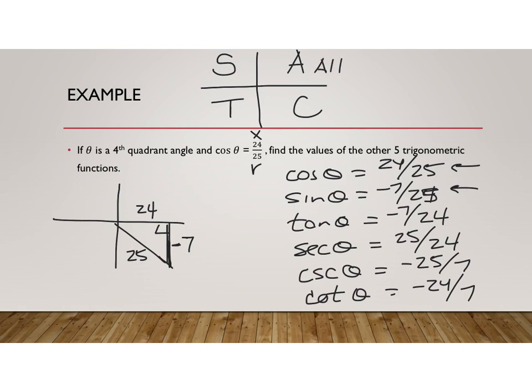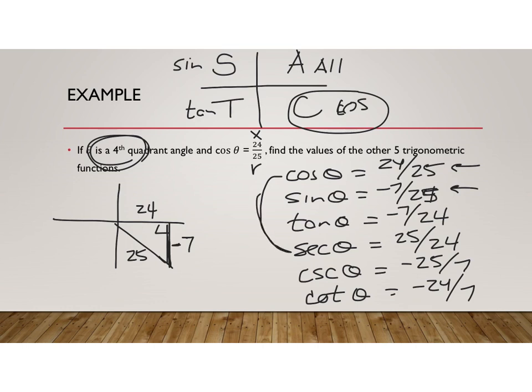A stands for all, S means sine and its reciprocal, T means tangent and its reciprocal, and C means cosine and its reciprocal. So since this was a fourth quadrant angle, the 2 that must be positive must be cosine and its reciprocal, secant. You can see those 2 are positive and the other 4 are negative.